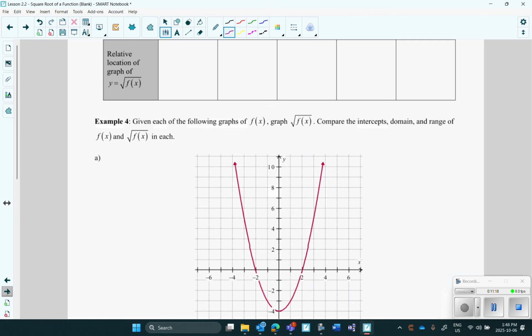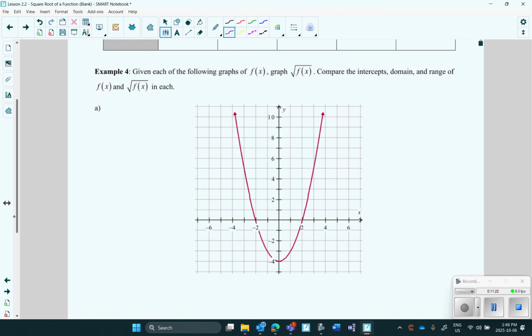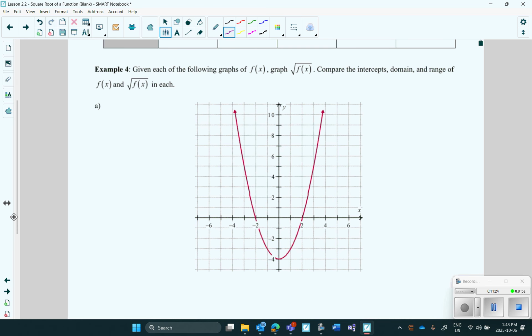So I'm actually going to skip ahead to this one. We can do this without having to do a table of values.